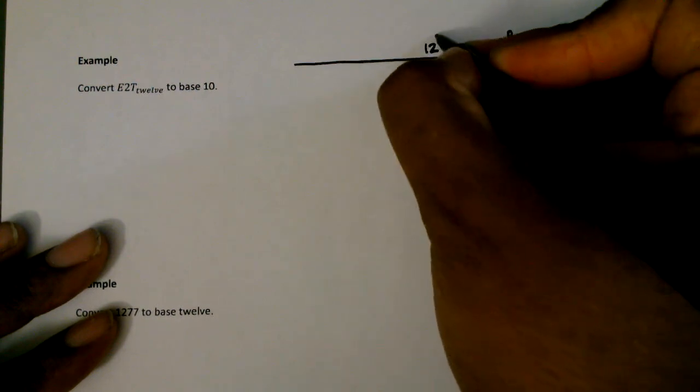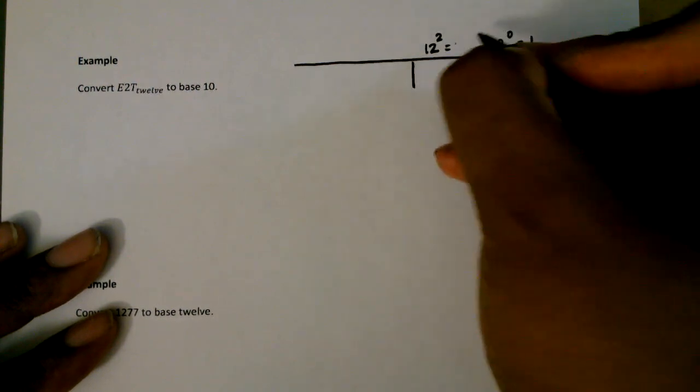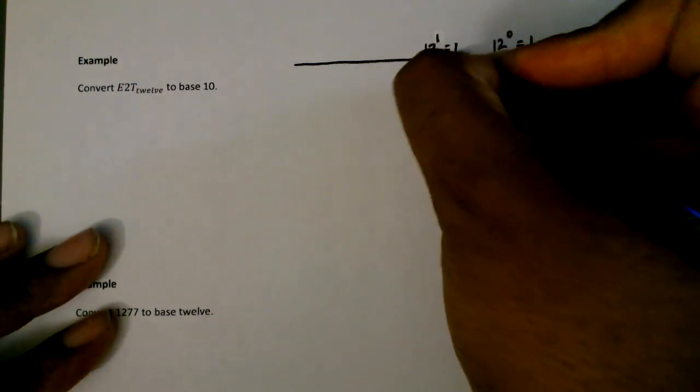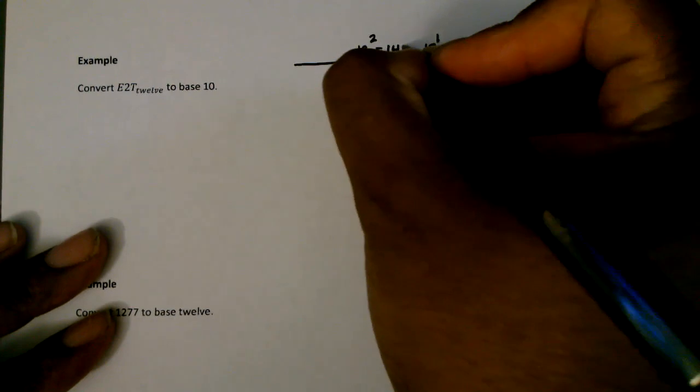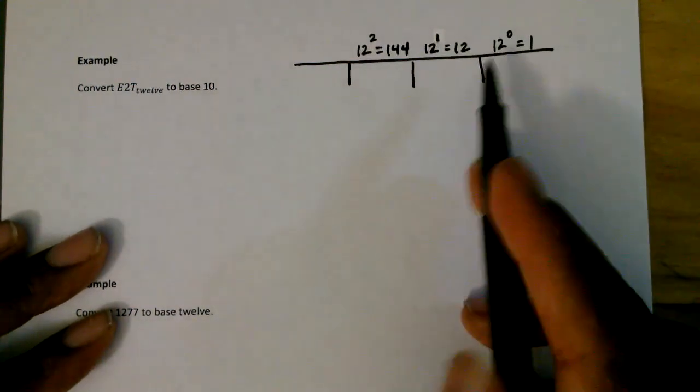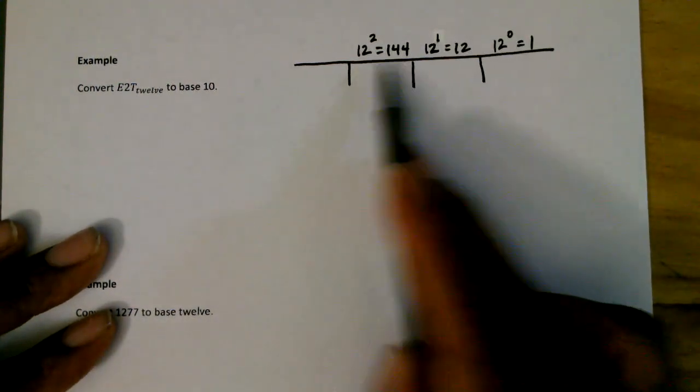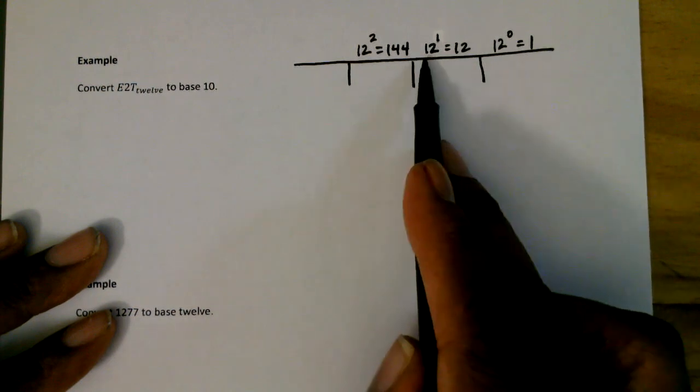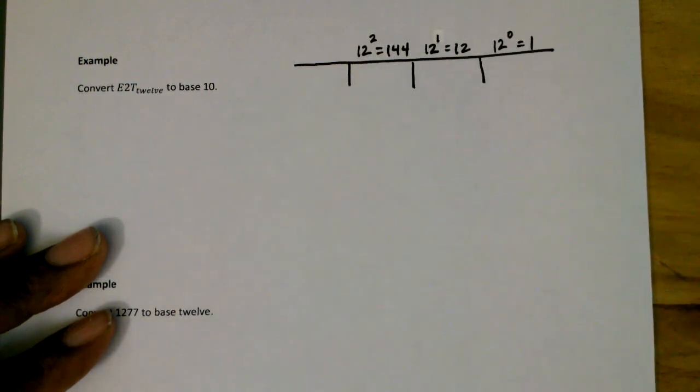The base is 12, so 12 to the first is just going to be 12. And then next is 12 squared, that's 144. And I'll stop right there. Notice that the base remains the same, so if I go to the left, I increase the exponent by 1.